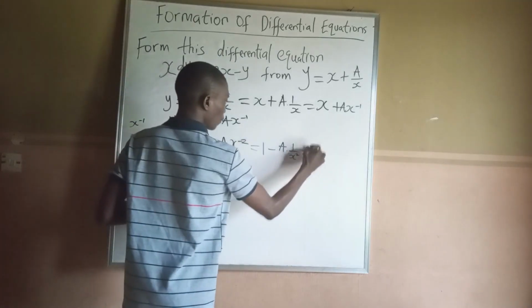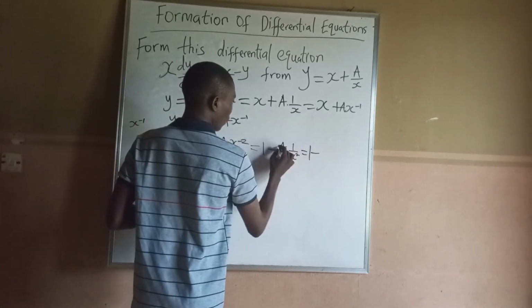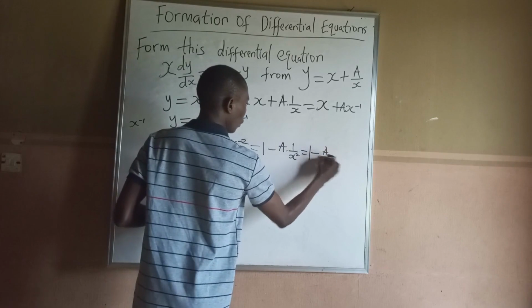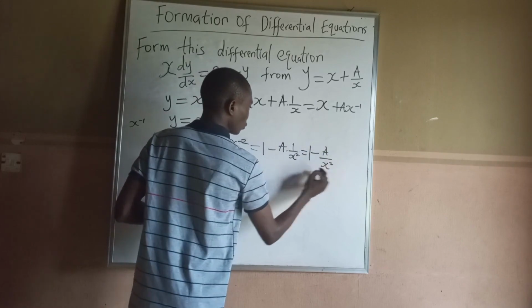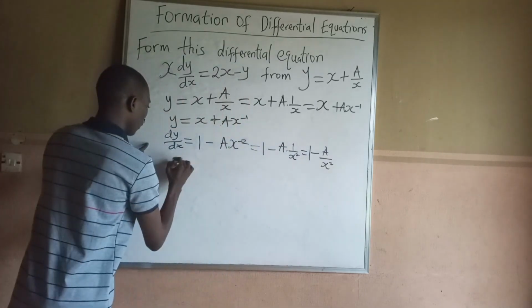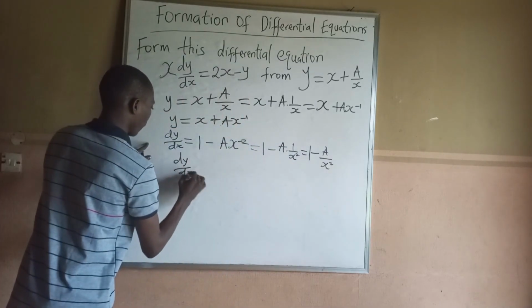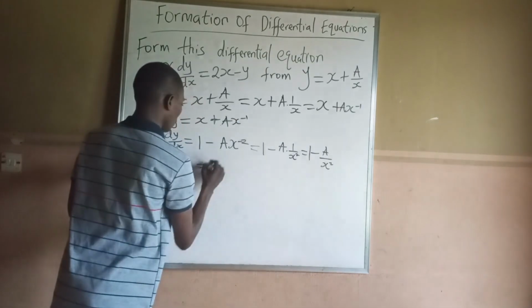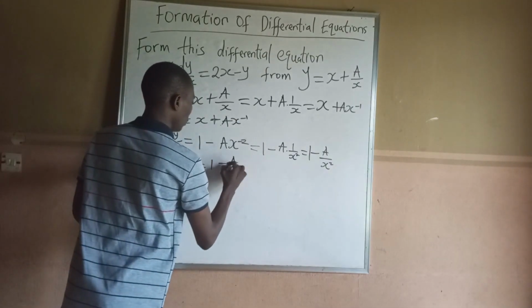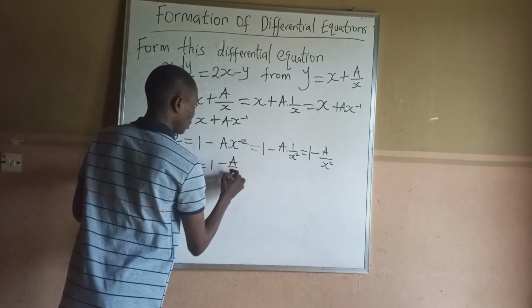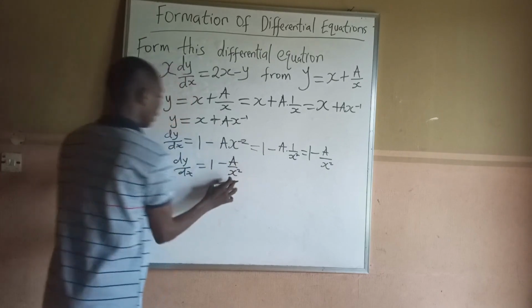So I have 1 minus a over x squared. This is my dy/dx, which is equal to 1 minus a over x raised to the power of 2.